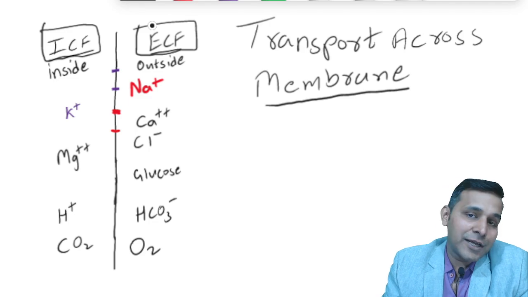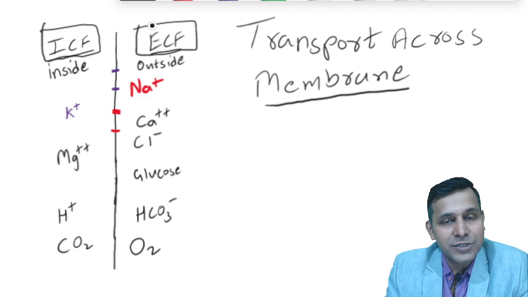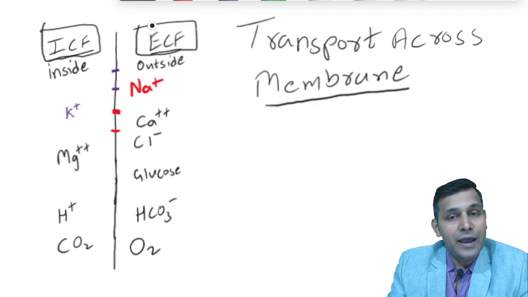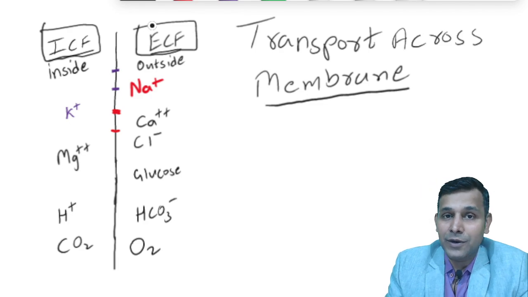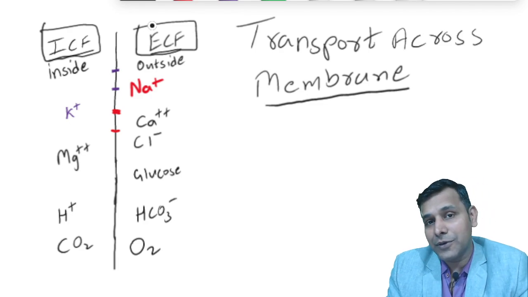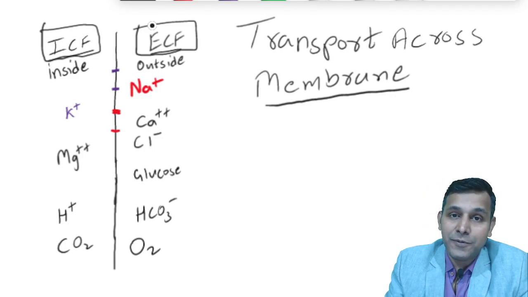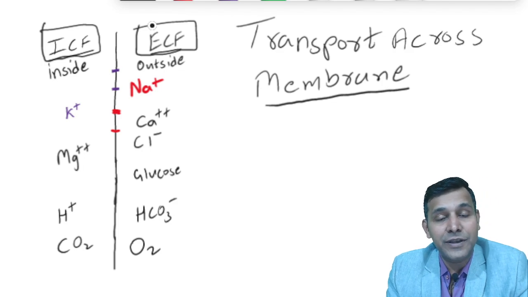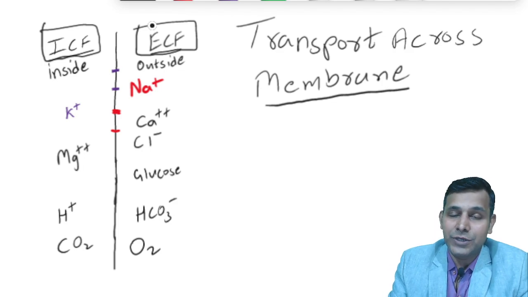To begin with transport across cell membrane, the first and foremost thing everybody should remember is the distribution of the substances across the cell membrane, because only then will we be able to understand which substance is going to move to which side of the membrane and under which category we are going to put that movement.